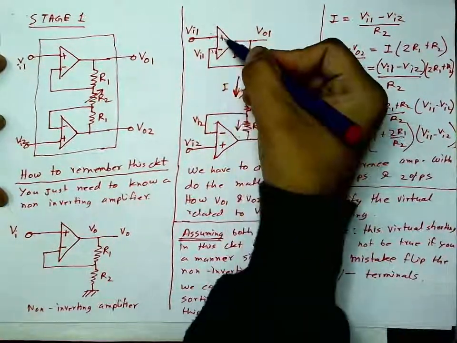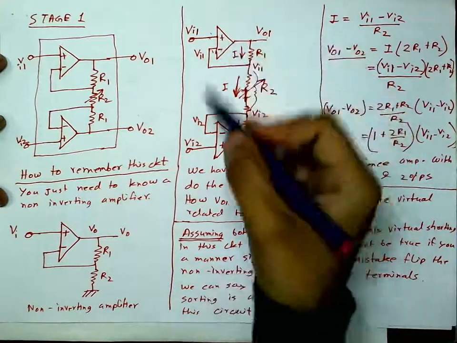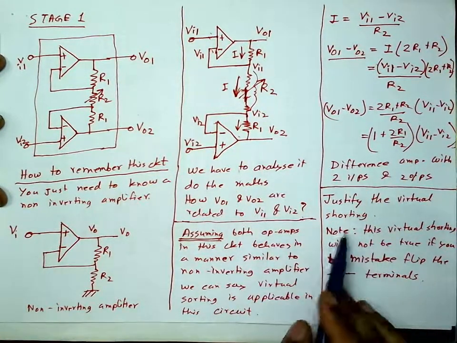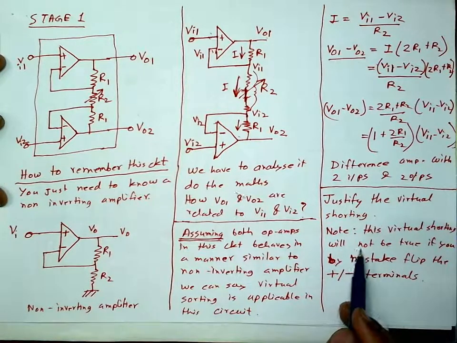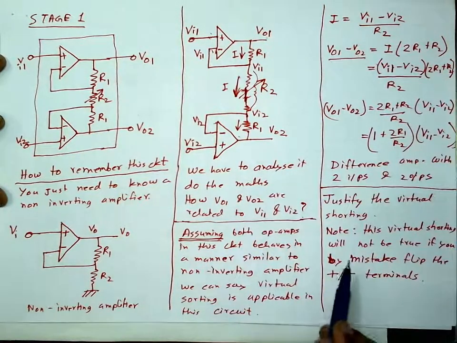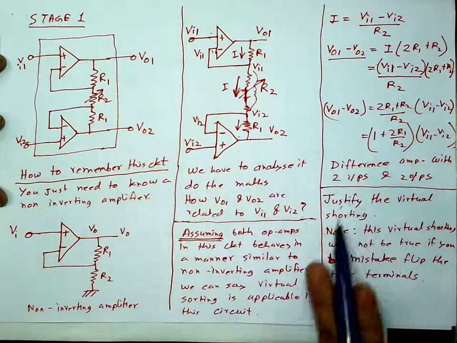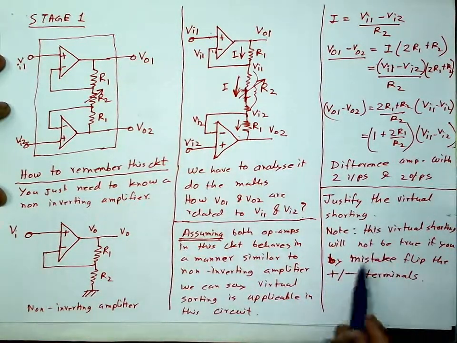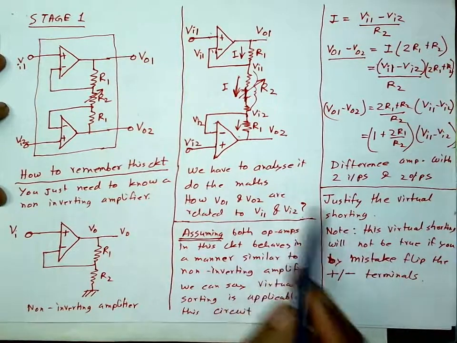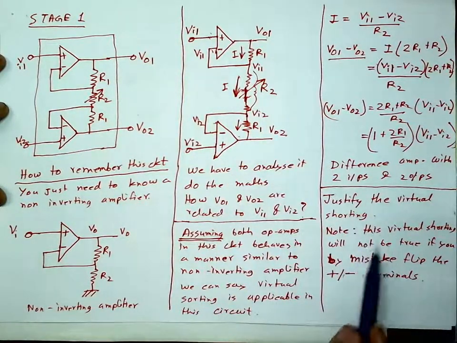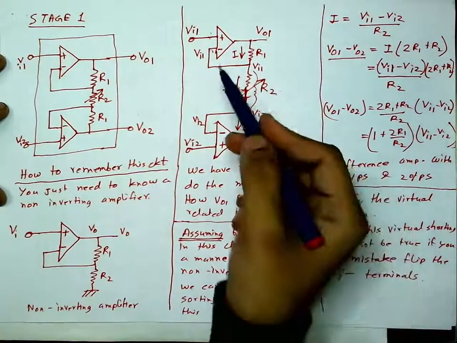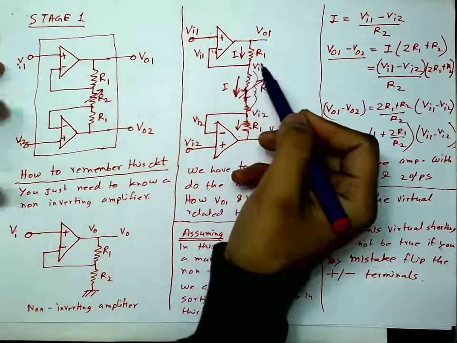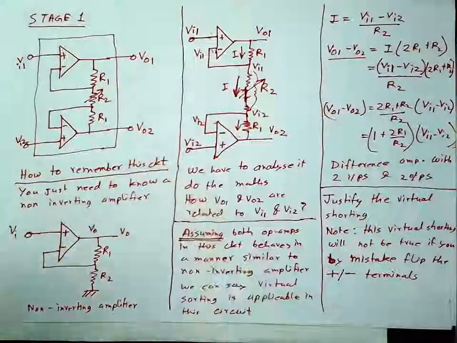If you by mistake make this minus and this plus, or this plus and this minus, this virtual shorting will not be true, and in that case this analysis will not be true and your entire circuit will be wrong. So don't make this mistake. Therefore, let me just justify why this virtual shorting is true in this case. Remember it this way, okay?